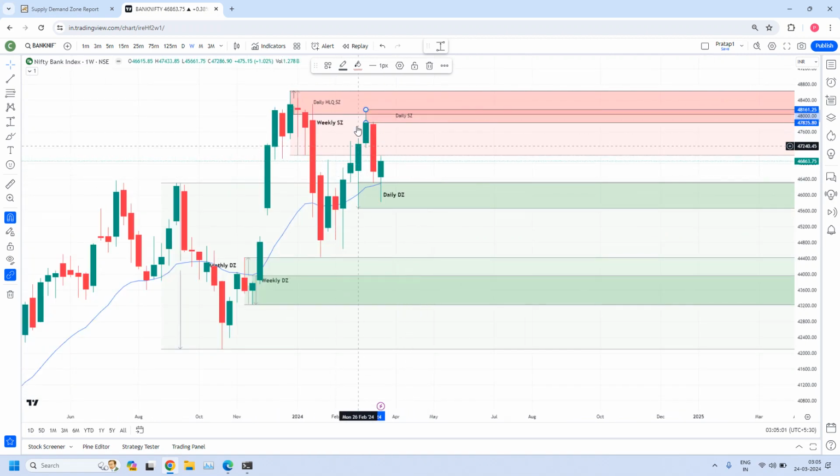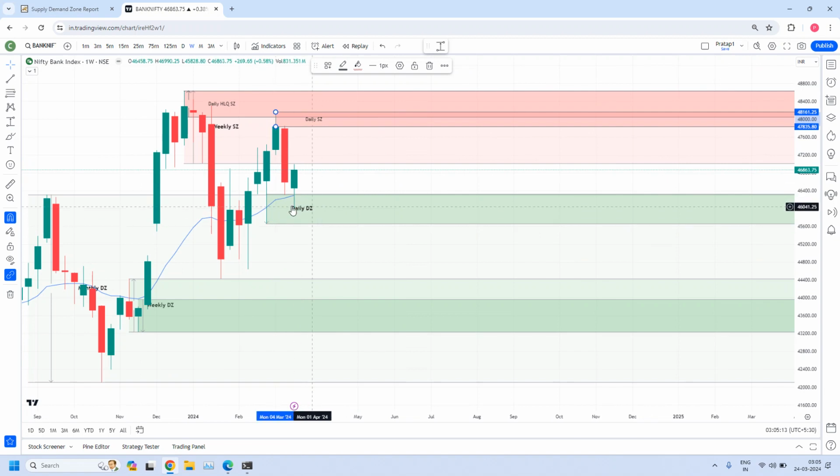Even below this weekly supply zone, there are so many high liquidity zones at lower time frames like 75 minutes, 25 minutes, 15 minutes. There were so many high liquidity supply zones. Still, this demand zone held the prices during last week.